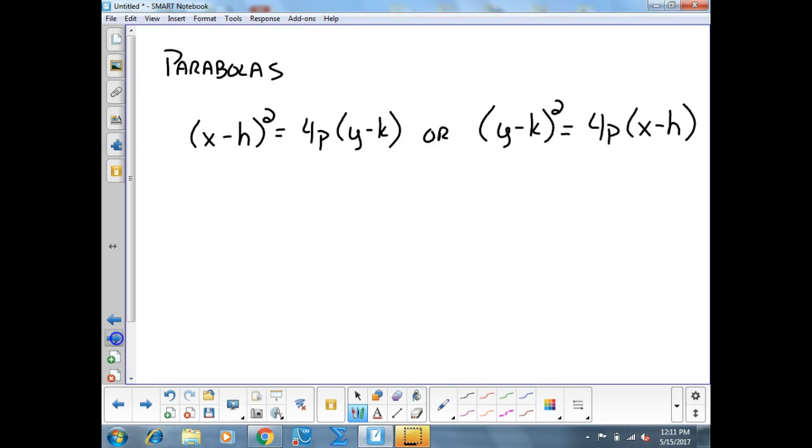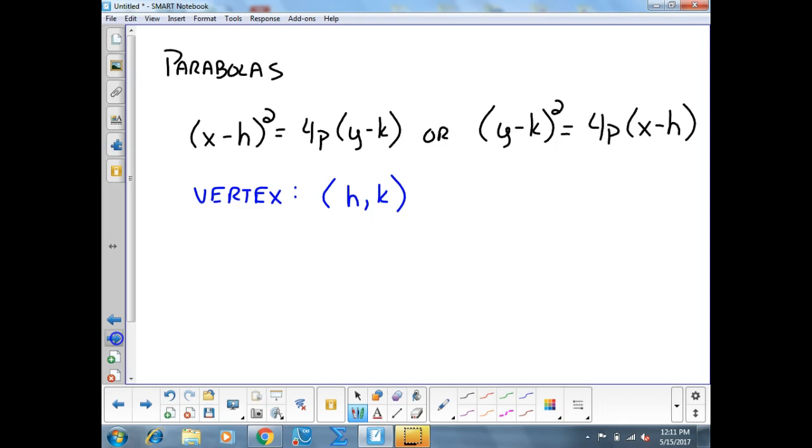Okay? From that, we learned that we have the vertex at the point H comma K, and we base everything off of the vertex.